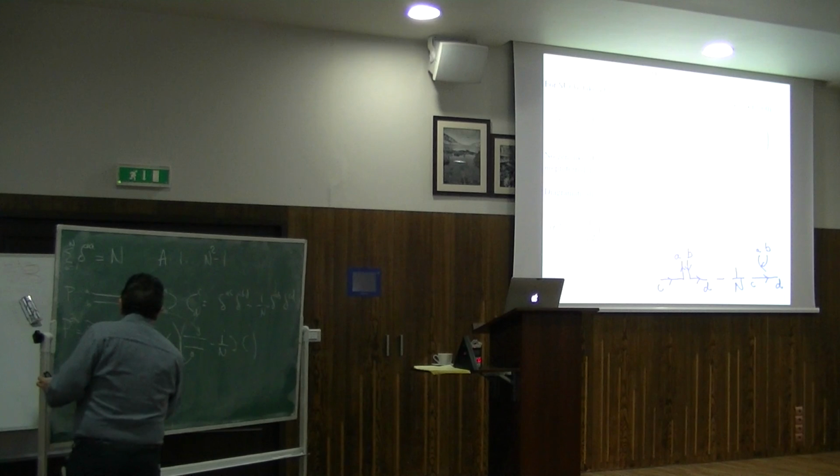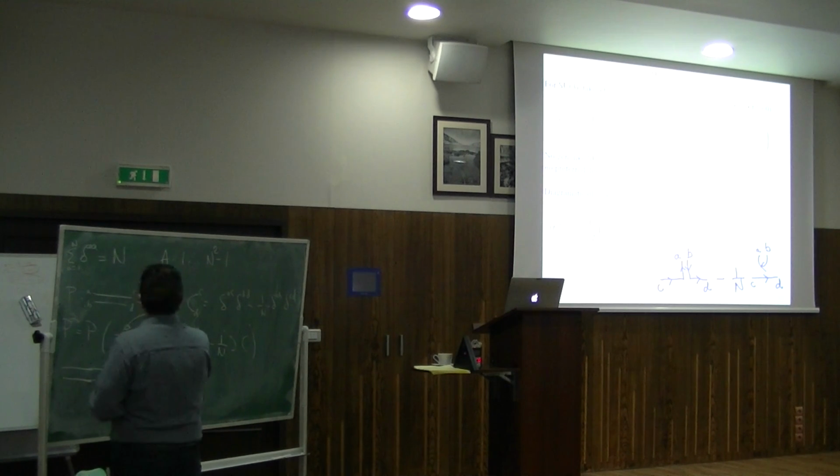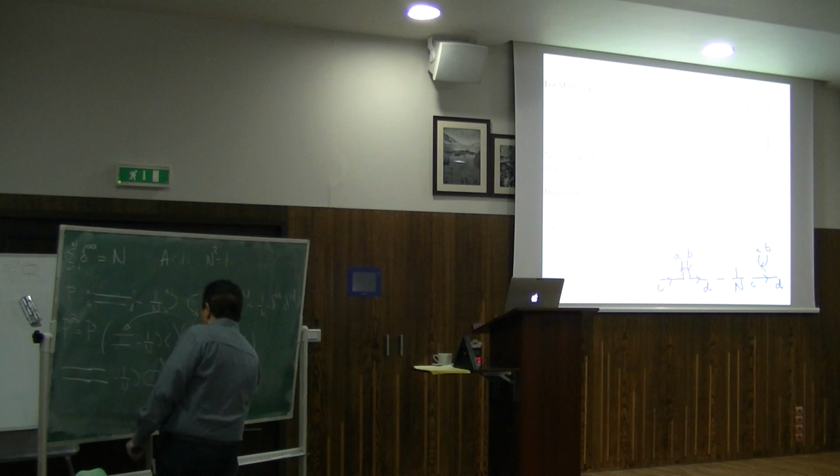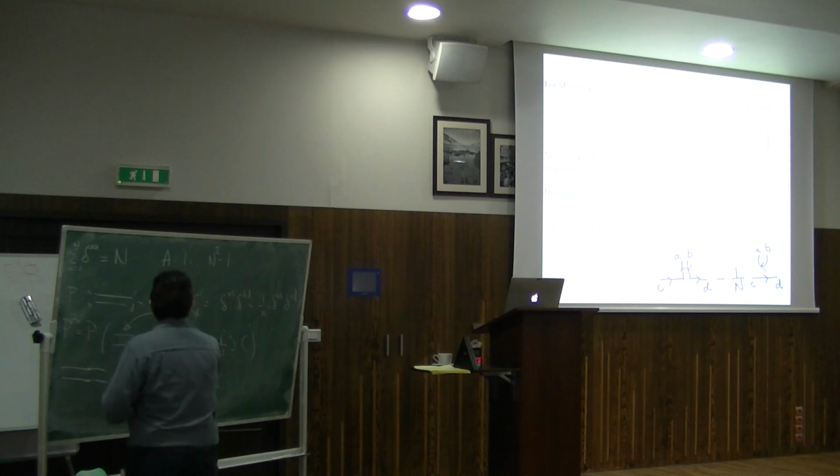Well, this is going to be minus 1 over n times this from here. And then I have that. Then I do this times that, so that's minus 1 over n. And then I have this. I tie them together, I do that. And then I have finally these two together.